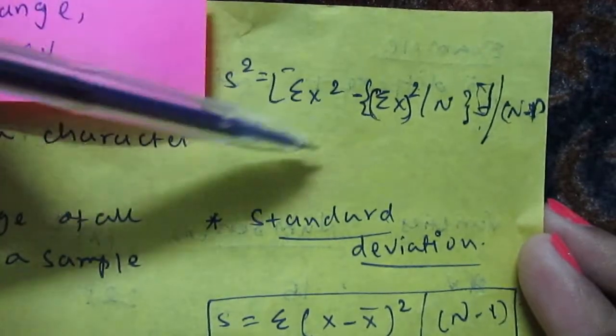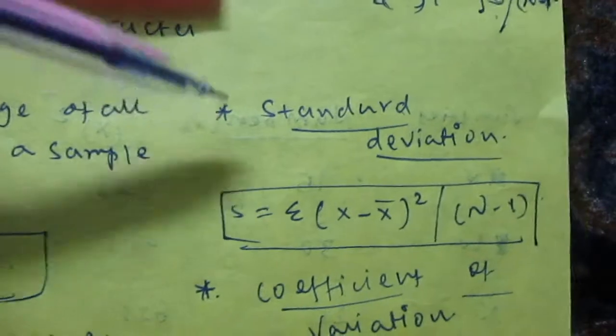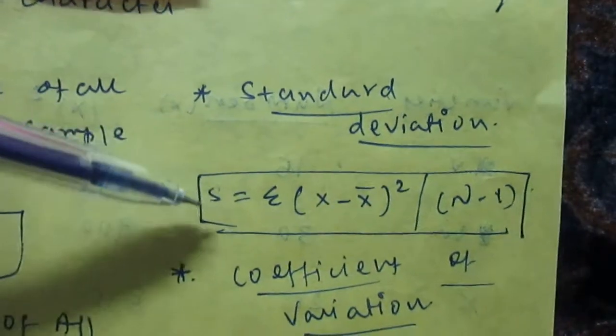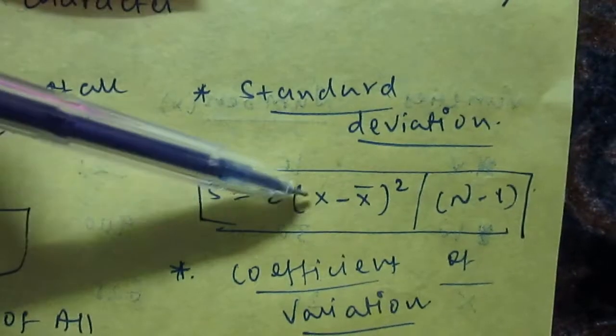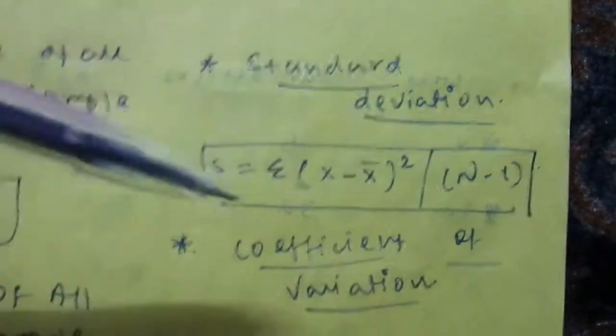There is a little bit of difference between these two values. We are all familiar with standard deviation, that I already told you: S is equal to the square root of sum of x minus x bar square divided by n minus 1.